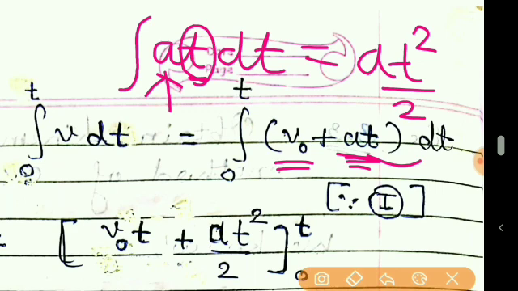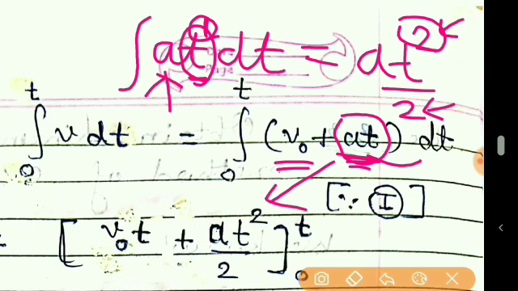Students, remember, if there is nothing in the power of t, it means it is 1, and we know that for integration the power is increased, so 1 plus 1 is 2, and whatever is there we have to write in the denominator. So our integration for this term will be a t square by 2, and so is this.